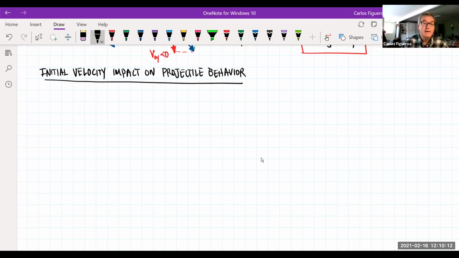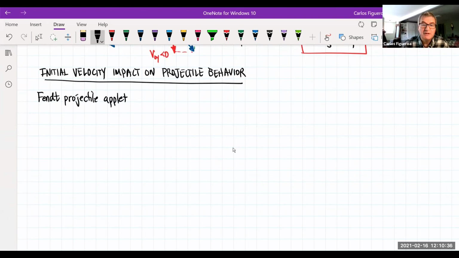And so what I'm going to do here is set up an applet by a German guy named Phys. I'm going to use his projectile applet.